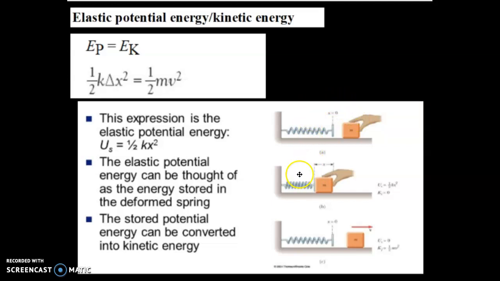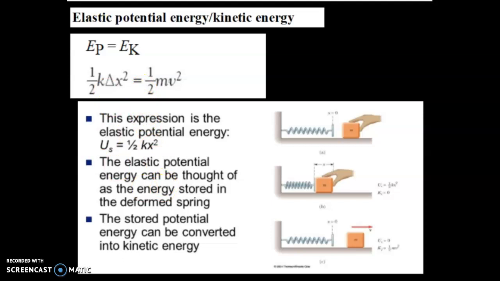And then here, once this spring is nice and squashed, when you're releasing the mass, it will push that mass that way. So you end up having another transfer of energy from strain to kinetic. In that case, it would be a half kx squared equals a half mv squared. By using these two equations, equating them, you can solve for an unknown.